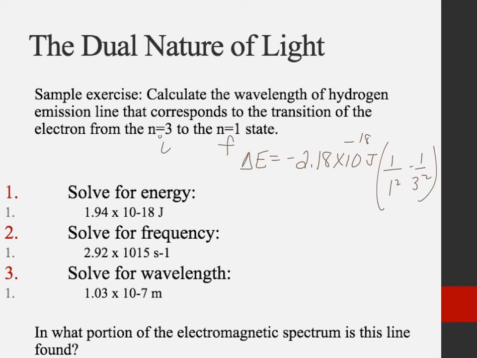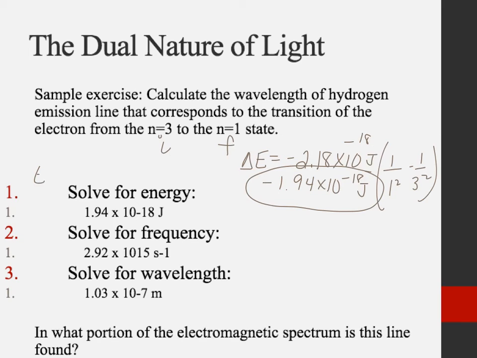And when we do the math on this, we are going to get a negative 1.94 times 10 to the negative 18th joules. Now, you might see here that the answer is positive. Well, first of all, we're going from 3 to 1, so we know energy is released. Therefore, that energy should be negative.